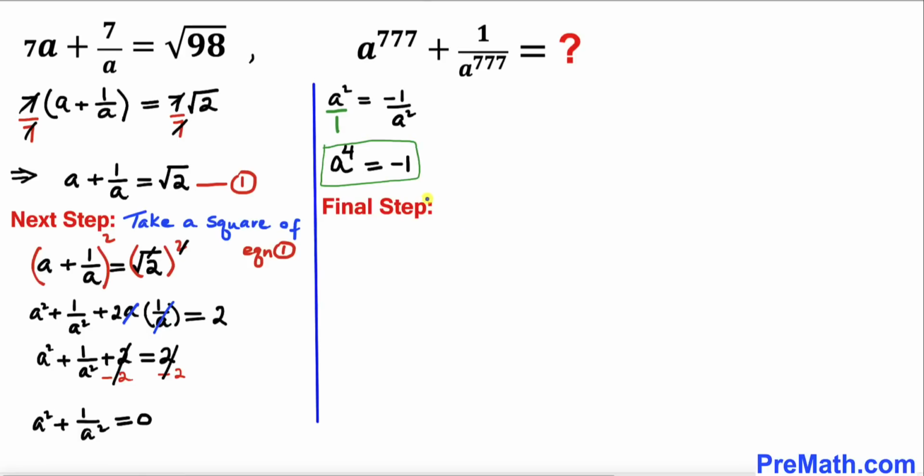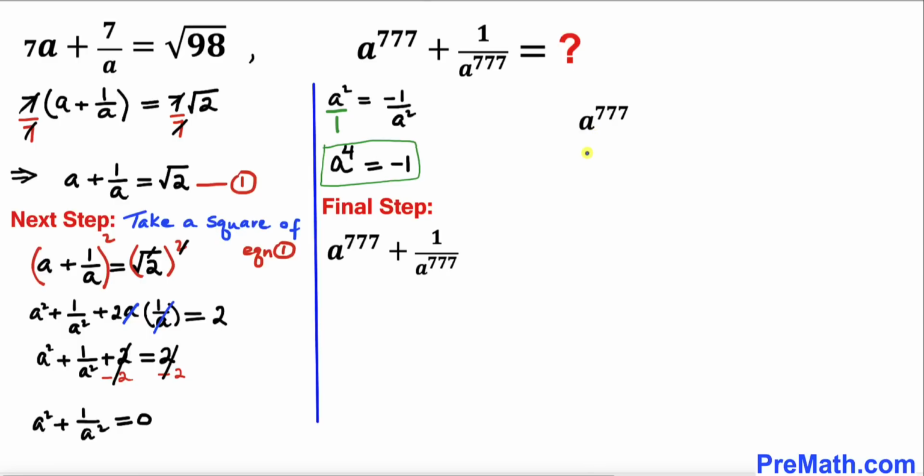Here's our final step. Let's focus on this expression, and we are going to find its value. Before we do that, let's focus on a to the power 777 and manipulate it.